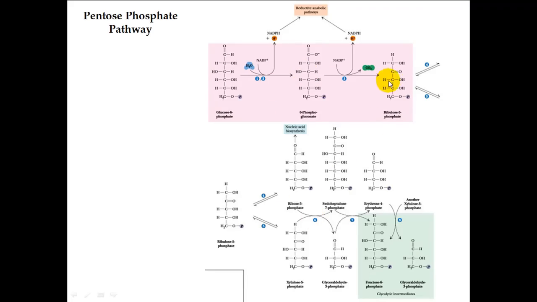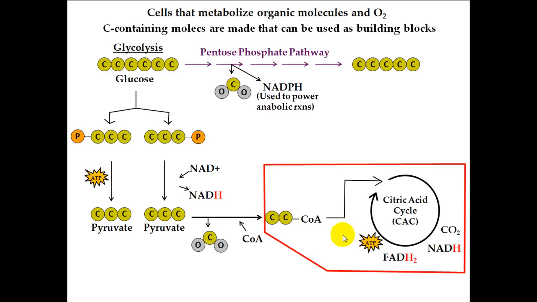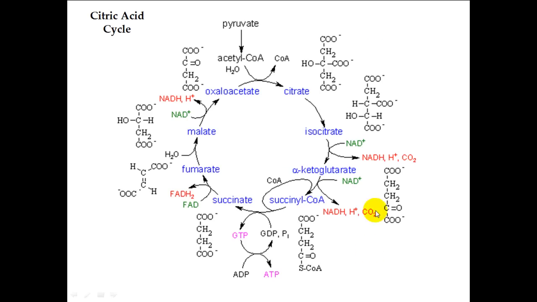All of these carbon-containing molecules can also be used to build bigger things inside of a cell. And then also the same thing for the citric acid cycle. If you were to take a look at each one of the individual steps of the citric acid cycle, you see that all of these intermediate molecules end up being produced. Each one of those, or at least a lot of them, can be used to make things like amino acids and fatty acids.